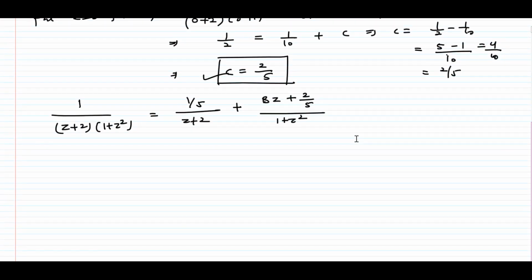So now we have only one unknown variable left, that is b.